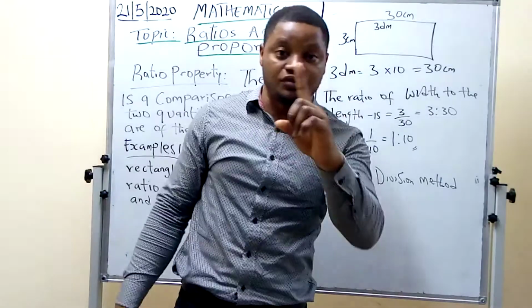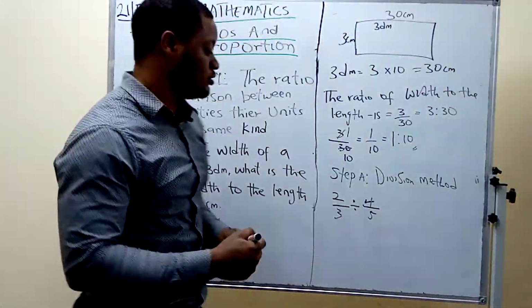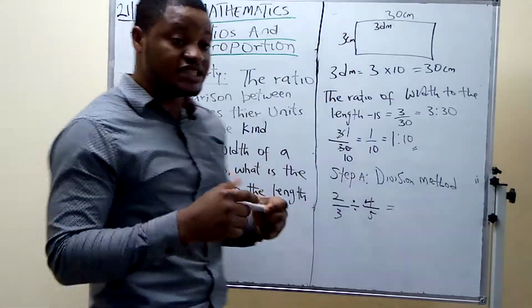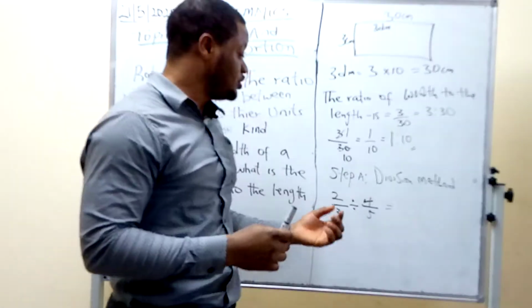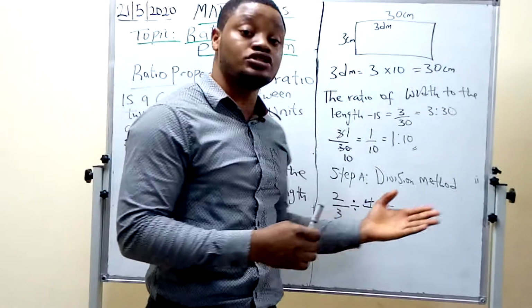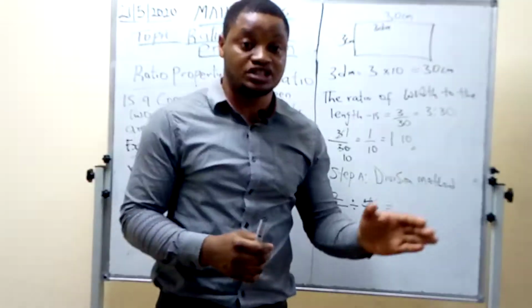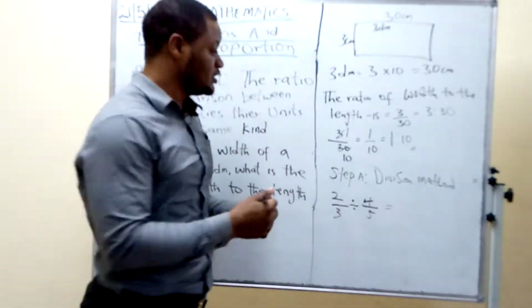Now I want to use the first method. How do we go about this? In these steps, you have to change the second ratio, the second fraction. You have to change the second fraction before you can do anything.